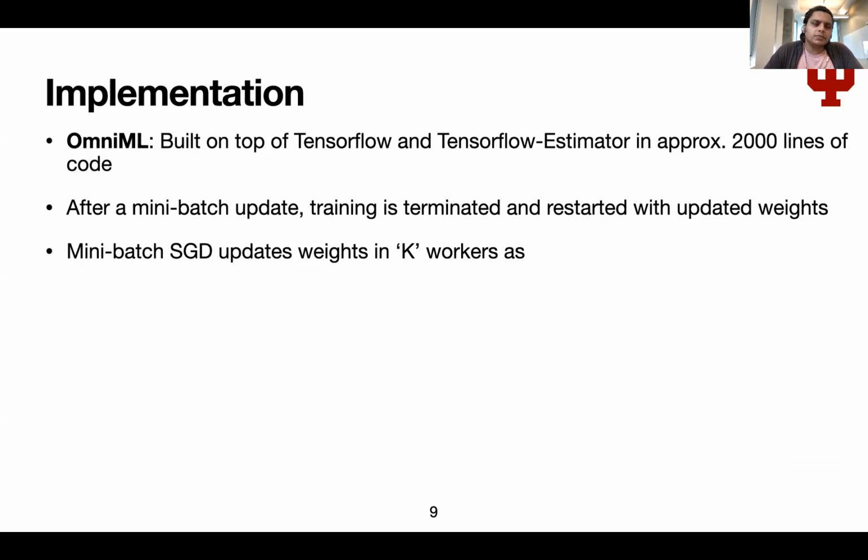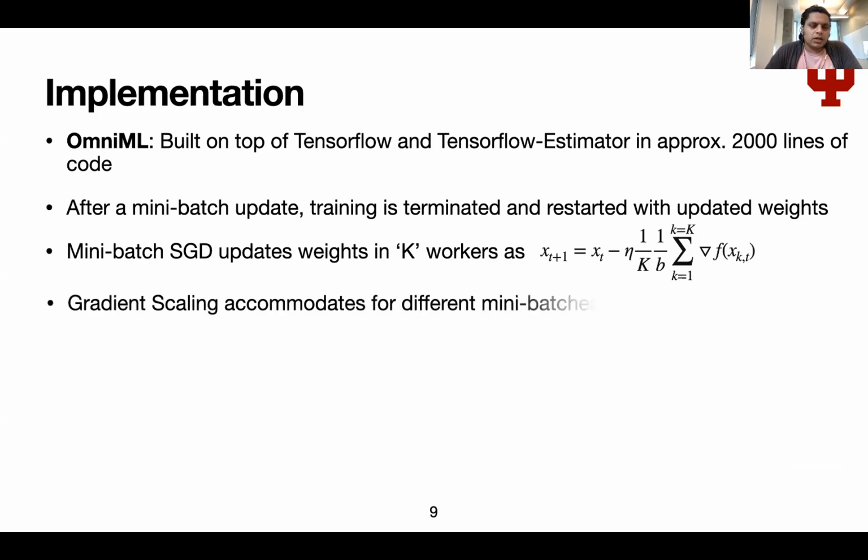I also want to talk about some mini batch SGD modifications that we make. For K workers, the weights are updated as shown, where K is the number of workers, eta is the step size or learning rate, B is the mini batch size, and F is the loss function. Since we're processing different mini batches on the workers, and conventional distributed training just does a reduce by mean, we do a gradient scaling, which in the simplest words is nothing but a weighted average.